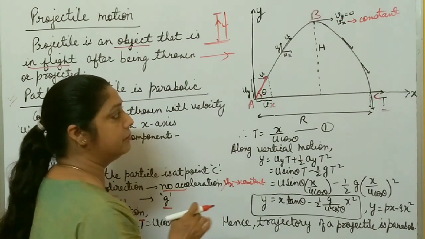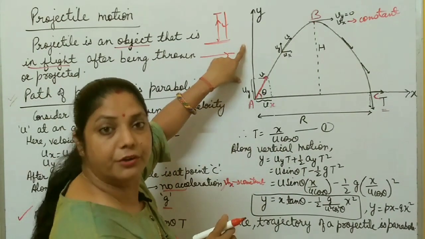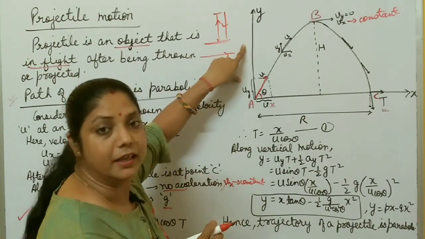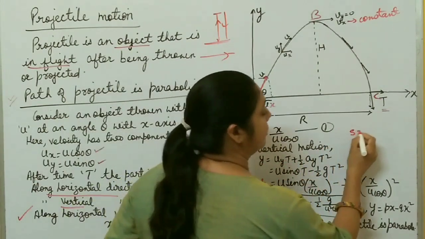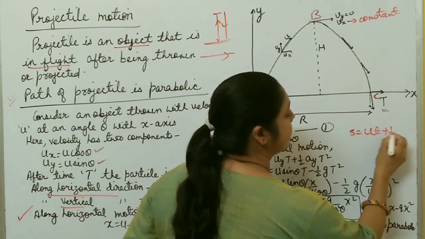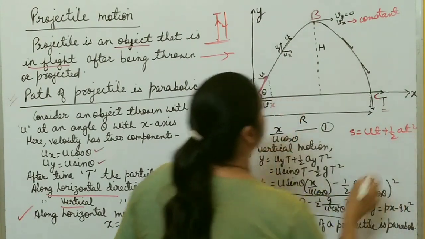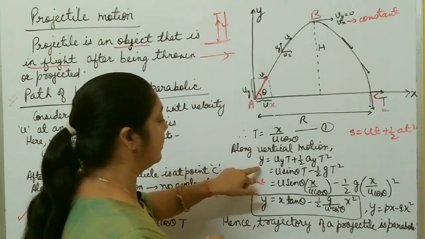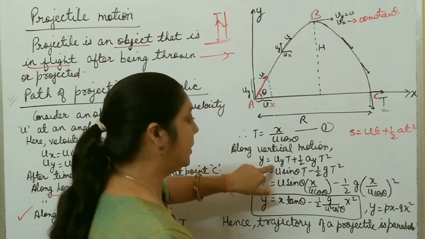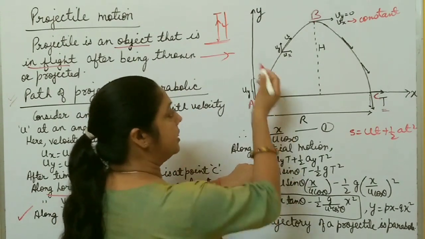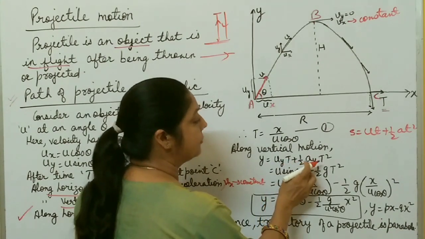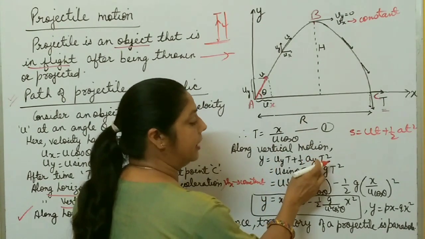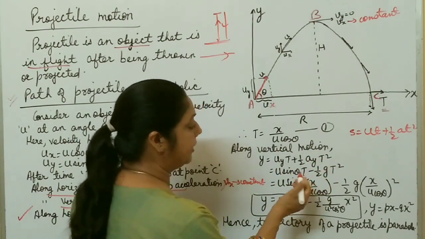Now along the vertical motion there is acceleration due to gravity, so you have to apply the equation of motion under gravity. You know s equal to ut plus half at square. So along the vertical direction you take distance y equal to initial velocity along the y direction, uy, into t plus half ay into t square, right?